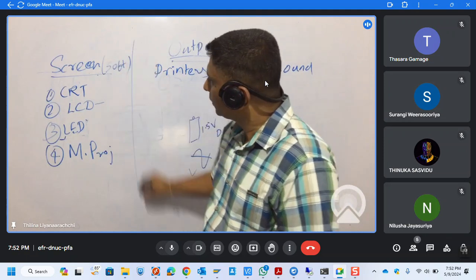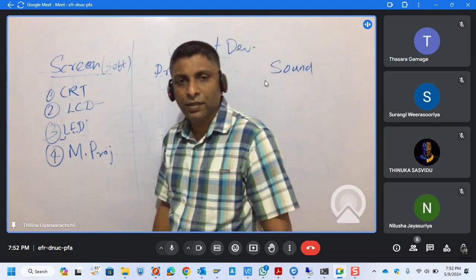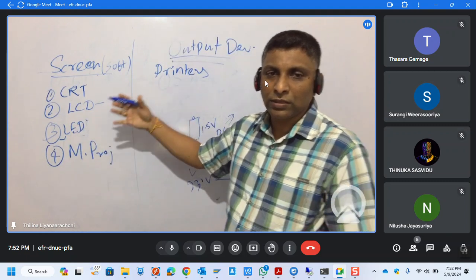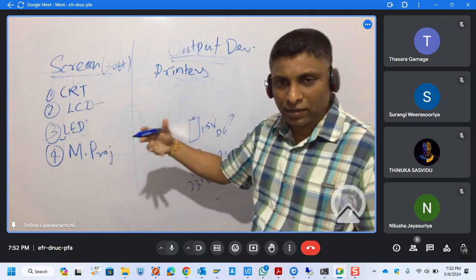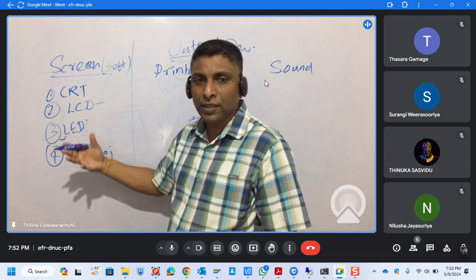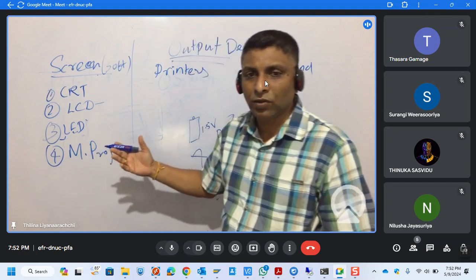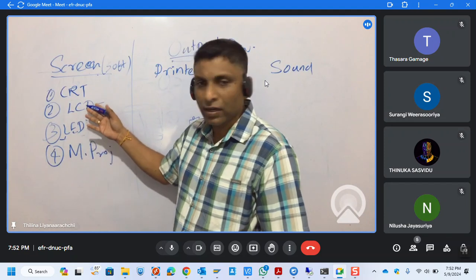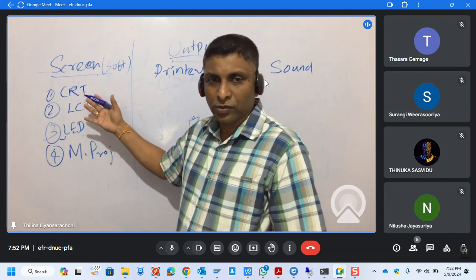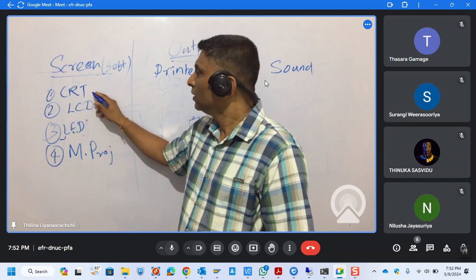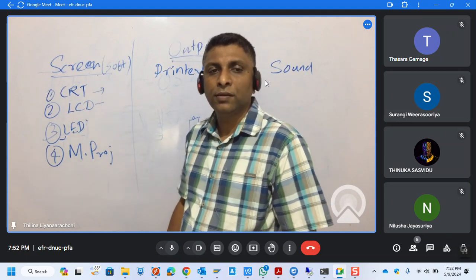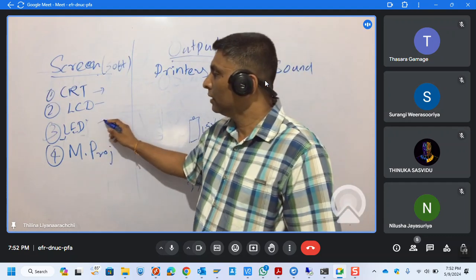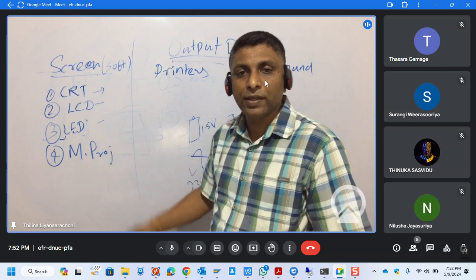So this is all about the screens, right? So there's no need to learn very advanced things about how these things work, right? Those are like computer engineering subjects, electronics related things, right? If you want, you can learn. Go to YouTube and check how CRT monitors work, how LED monitors work, how LCD monitors work, how multimedia projectors work.